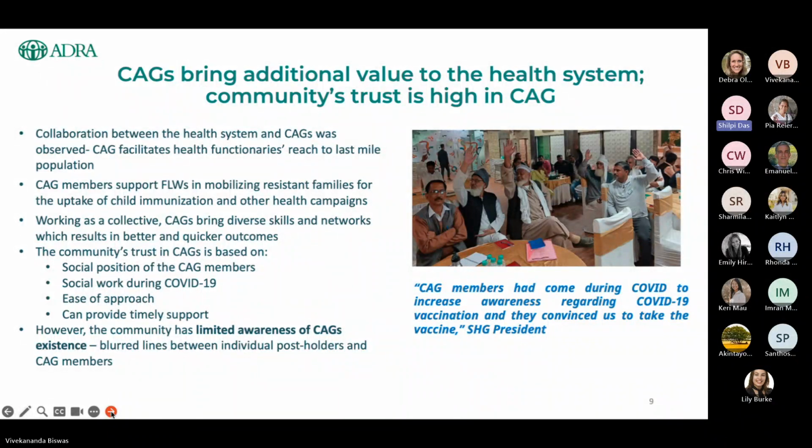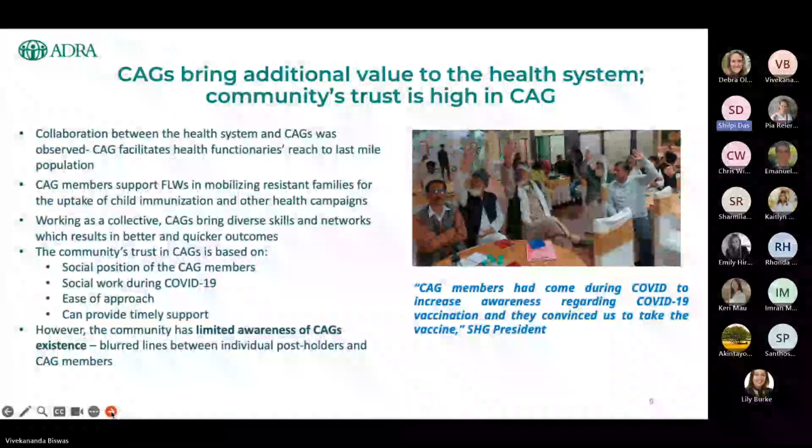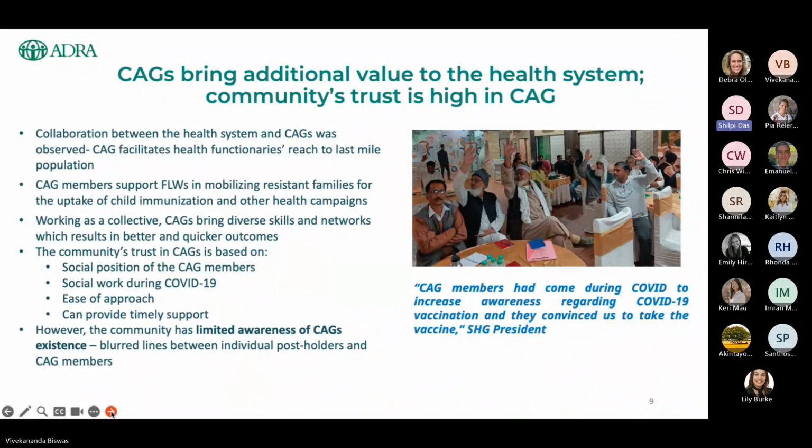Even though they were influential and had departmental linkages, they were easy to approach, and they could provide timely support. However, the community knew them individually, but there were certain pockets where the community still didn't know about the CAG's existence. That was one of the challenges the project was facing in certain areas.